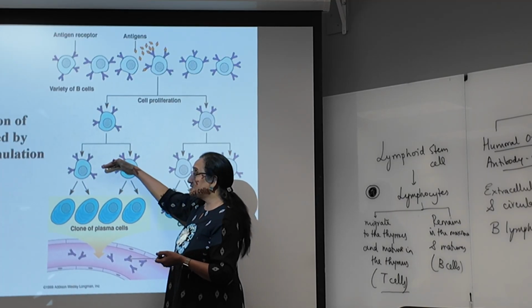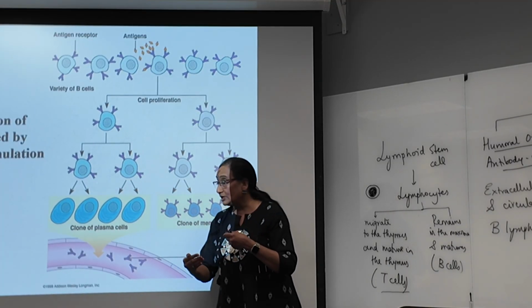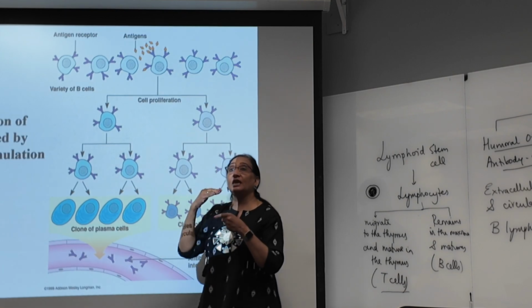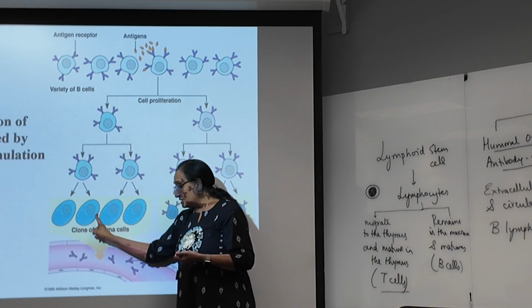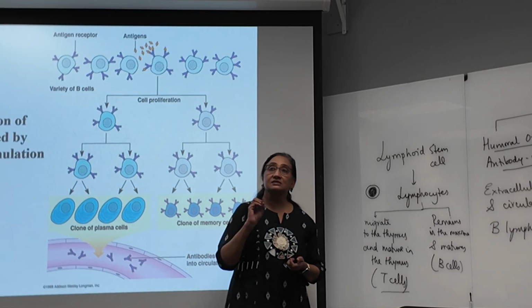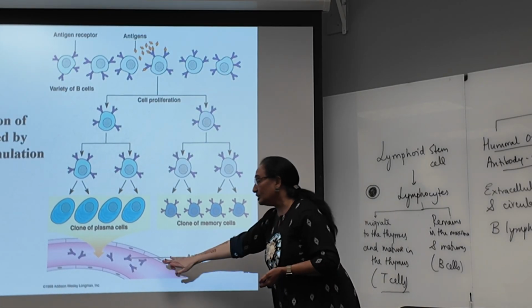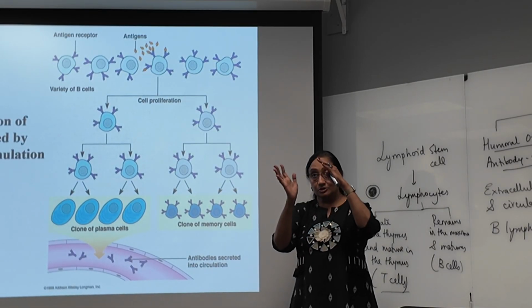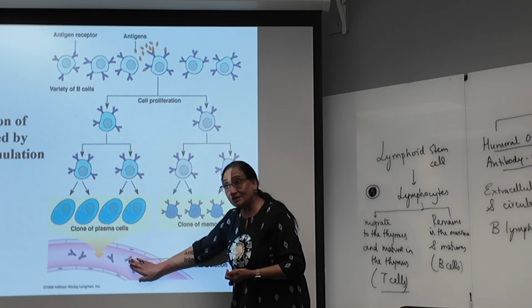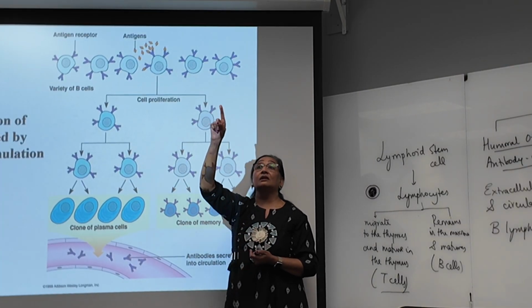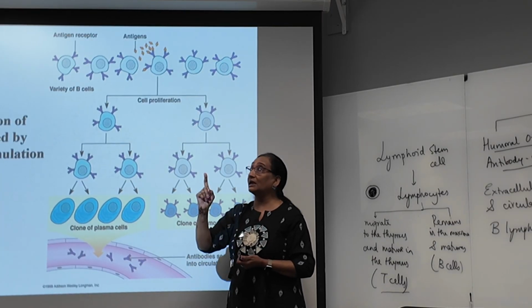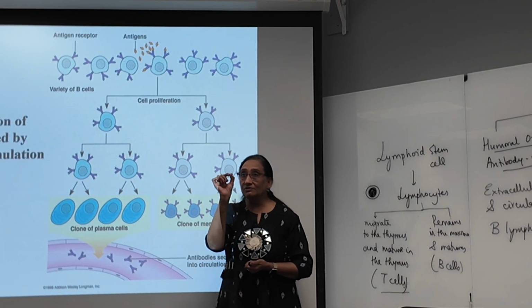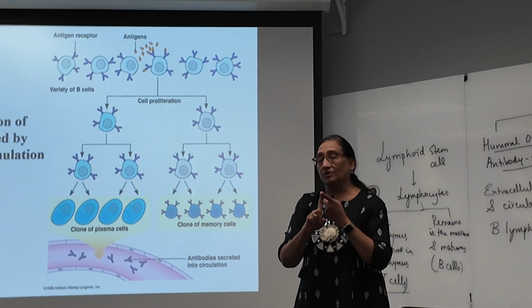The B cells directly cannot make the antibodies. They have to change themselves into what are called plasma cells, and then these plasma cells start secreting antibodies into the blood. This is for taking care of the infection that is currently going on, because these antibodies have to go around in the blood looking for that pathogen with that antigen and destroying it.